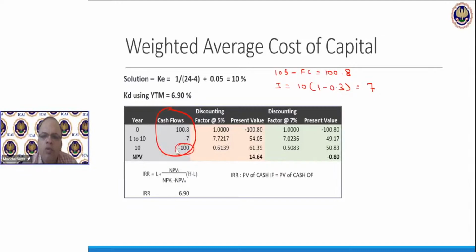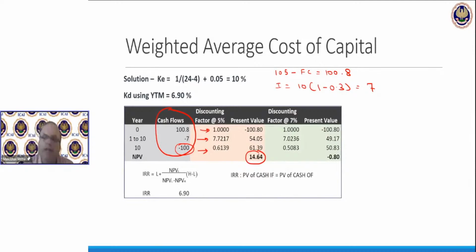Great. So now moving on, we need two NPVs because in the YTM method we are anyways talking about the IRR here, right? So let's say first we discounted all the cash flows at 5%. And what do I get? If I discount all the cash flows at 5%, I'm getting 14.64 as NPV.